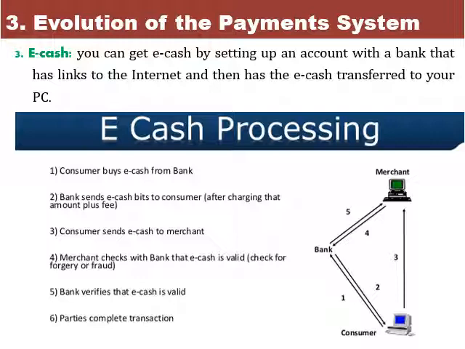Then in step 4, the merchant checks with the bank to see if the required funds are valid or not. Then if the bank verifies that the Ecash is valid, you can complete the transaction with the store.